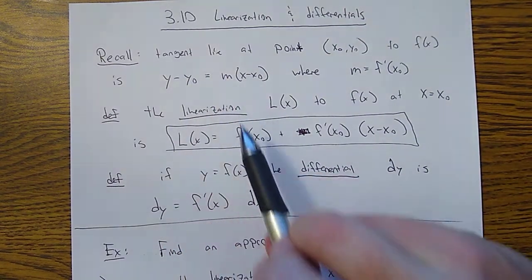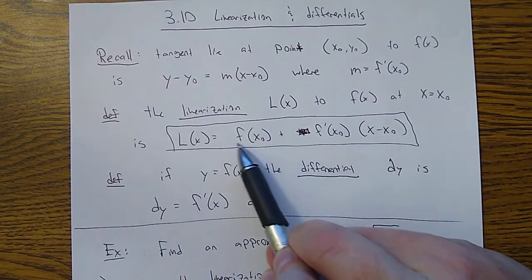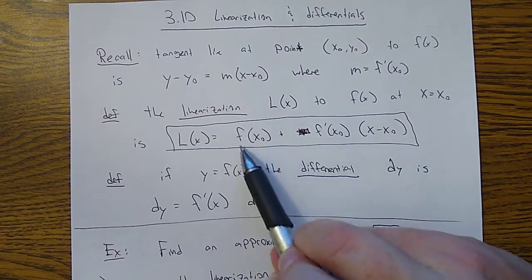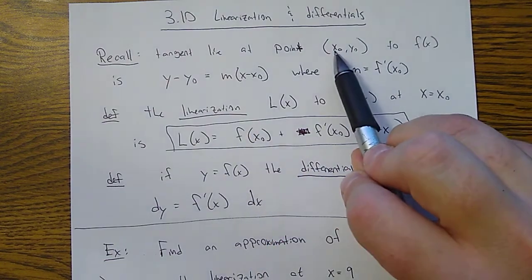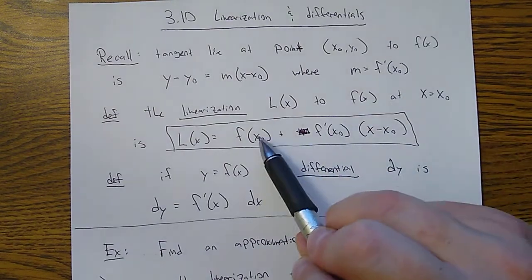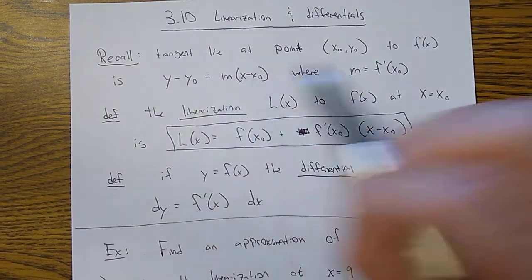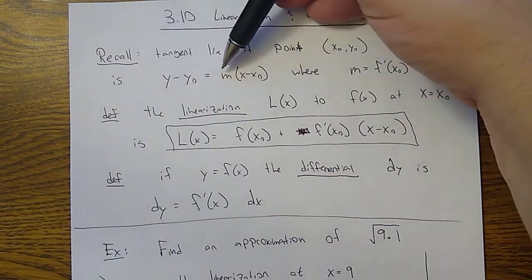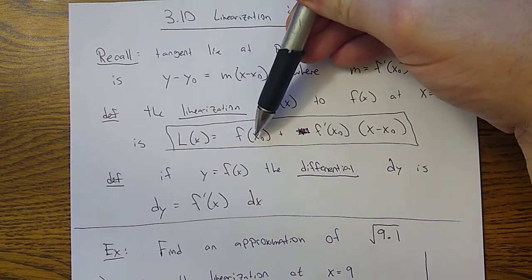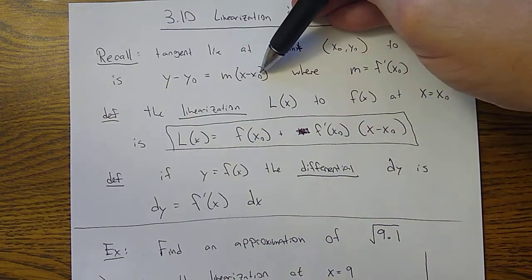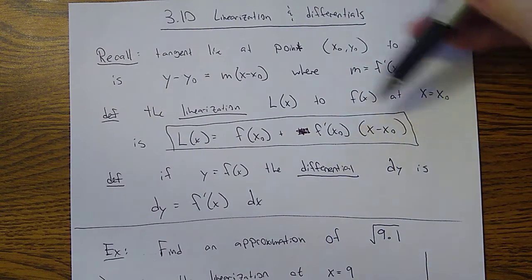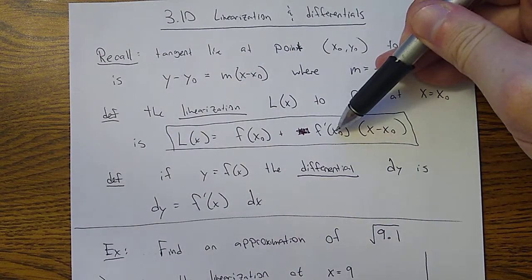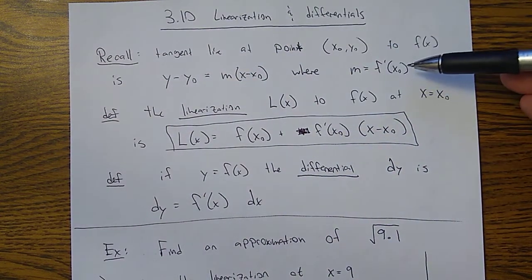F of x naught is the same as y naught: if this point is on the curve, then f of x naught is just another name for y naught. And m is the same as f prime of x naught. We said that up here.